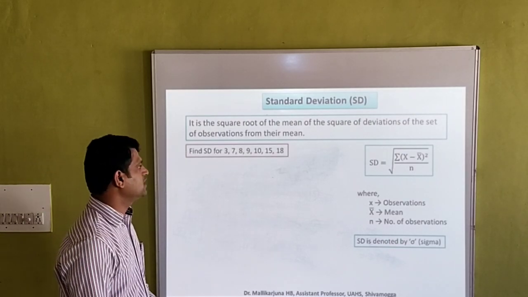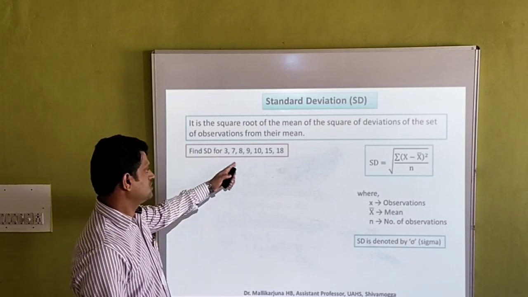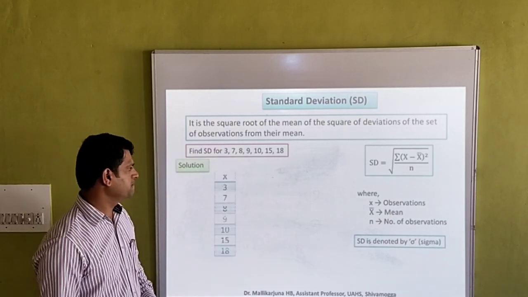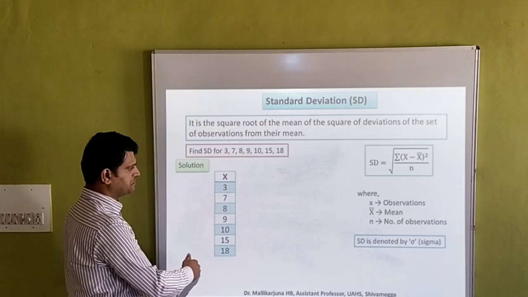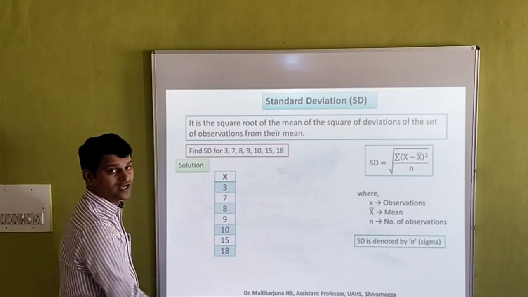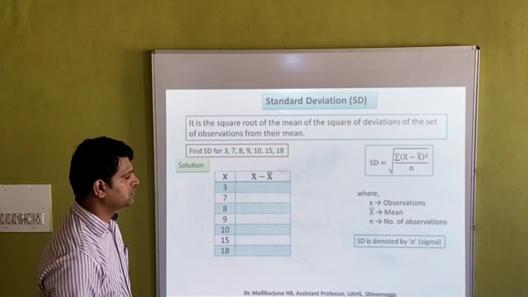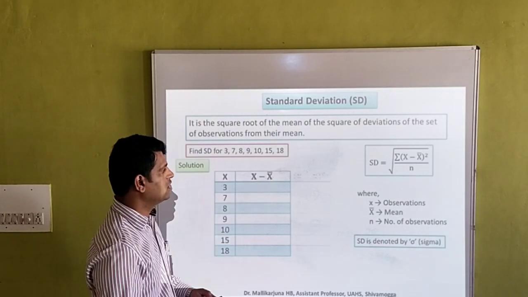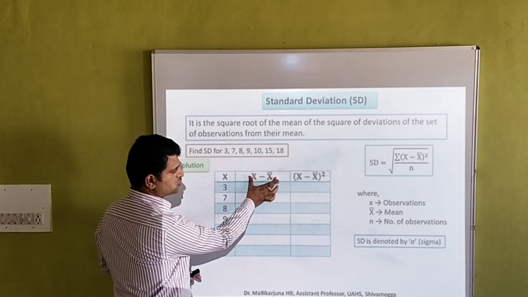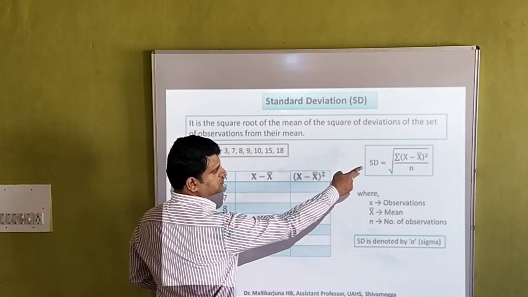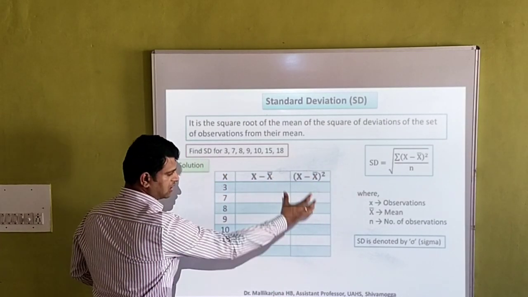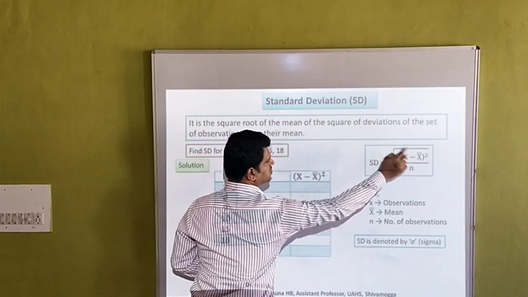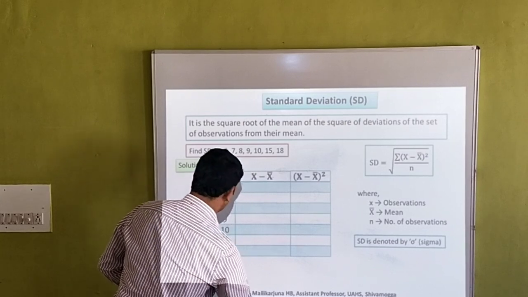Now find the standard deviation for the same set of observations. Solution. We take the set of observations x, those are the 7 observations, and calculate x minus x bar in the first step. Then we square x minus x bar, and at last we take the summation to get the summation of x minus x bar squared.